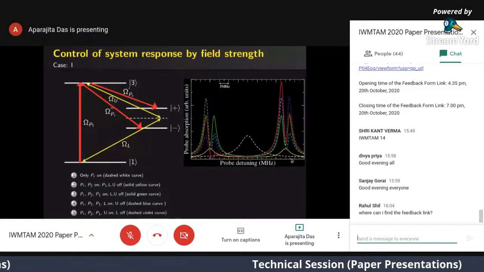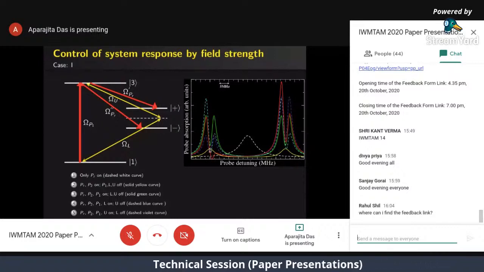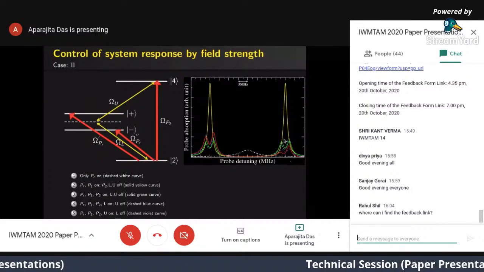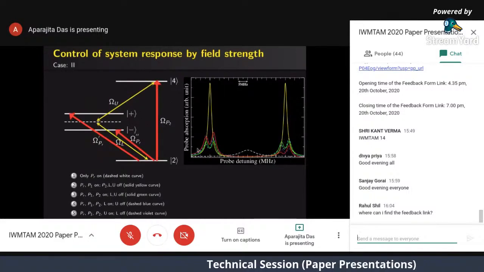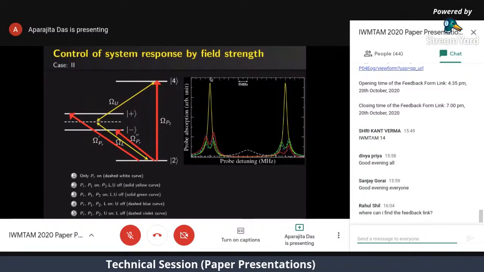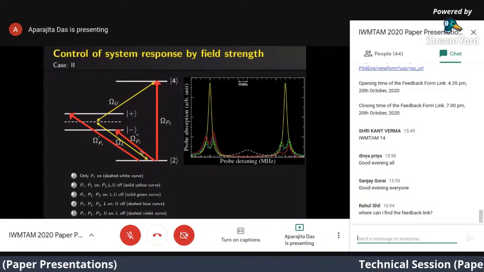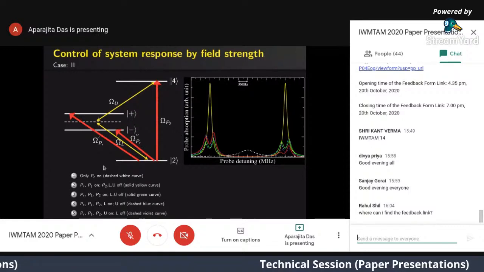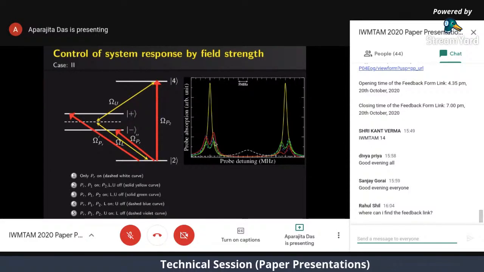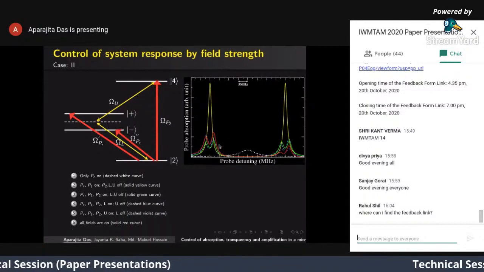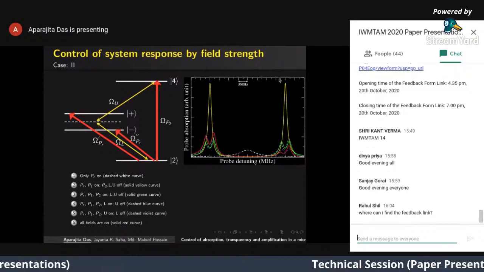In the previous plot, we saw that the absorption is very less at that two detuning positions, but for this case the absorption is quite high, because here all the two ground states are participating in this absorption process. As they are rich in population, we obviously get a good amount of absorption.